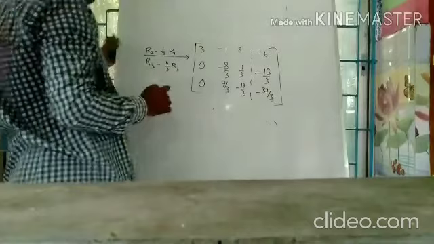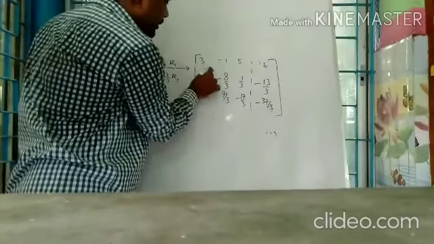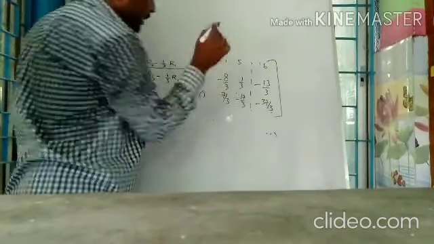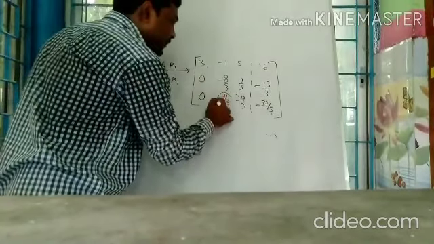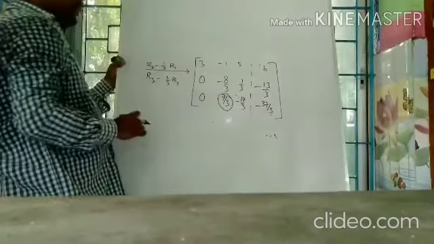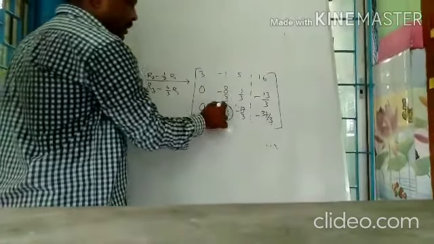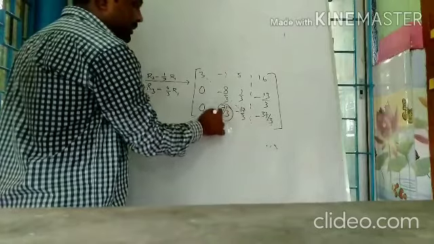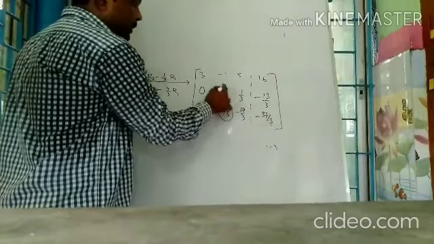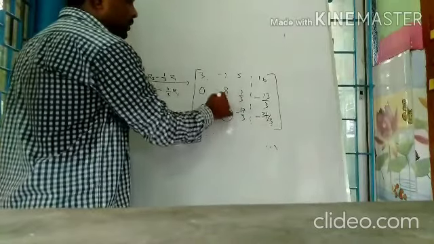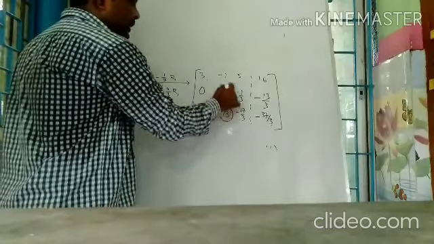Now this is the principal diagonal. So now we have to make this element 7 by 3 into 0 using minus 8 by 3.